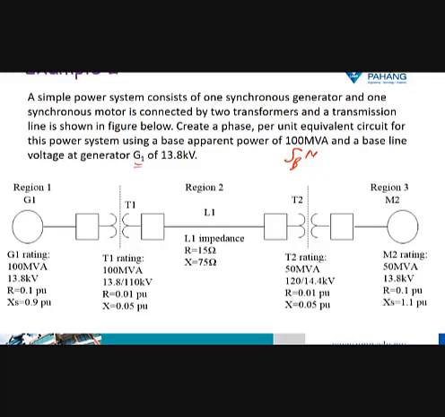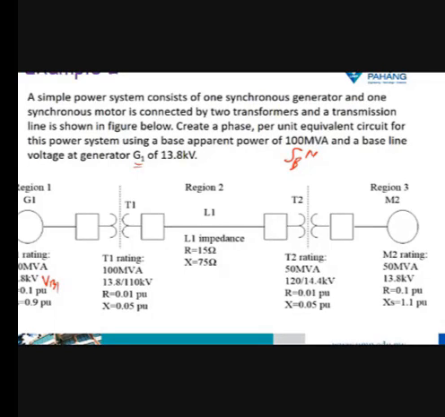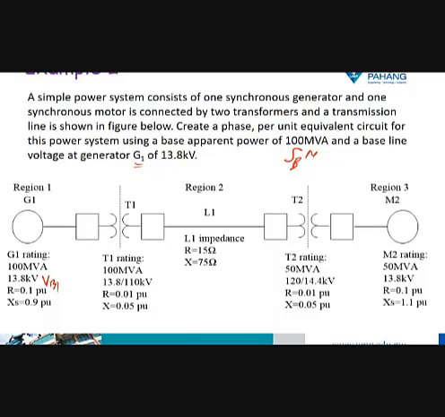So what do we have to do? What is the first step? Draw the impedance diagram. Please draw the impedance diagram for this circuit. We have generator, transformer, transmission line, another transformer, and motor. The circuit breaker we just ignore.